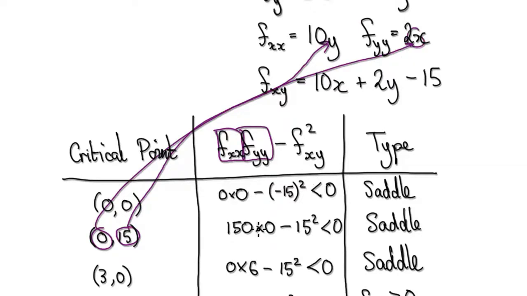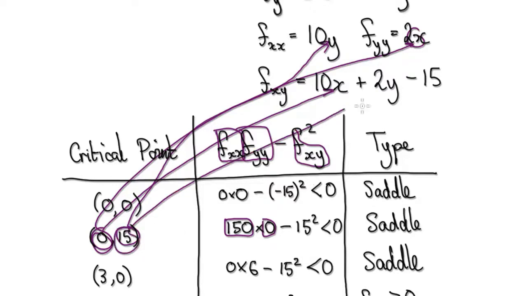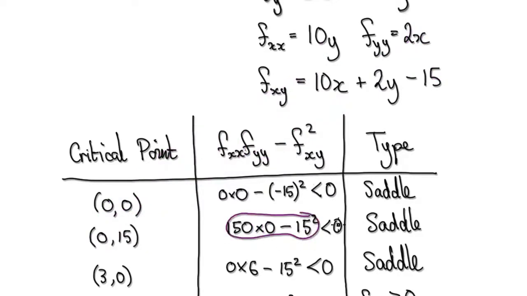That would be 150 times 0, and then you've got your minus, and then you've got fxy, which is this thing here. So now we've got to put 0 into the x, 15 into the y, take away 15. That boils down to this. It turns out to be less than 0, which will be a saddle point.